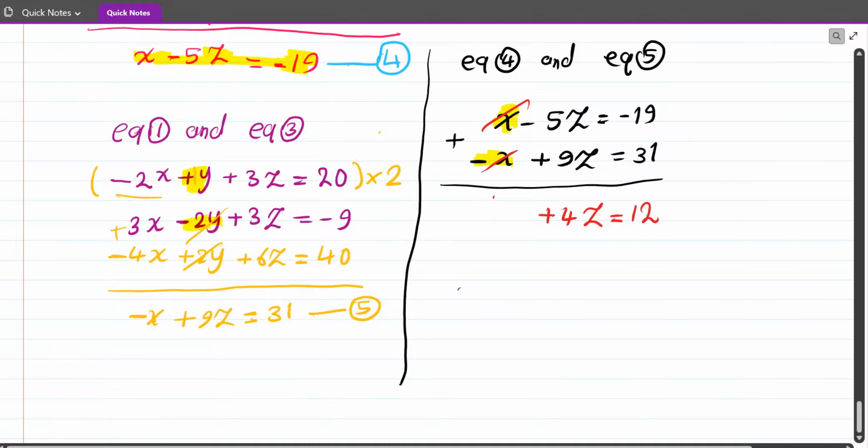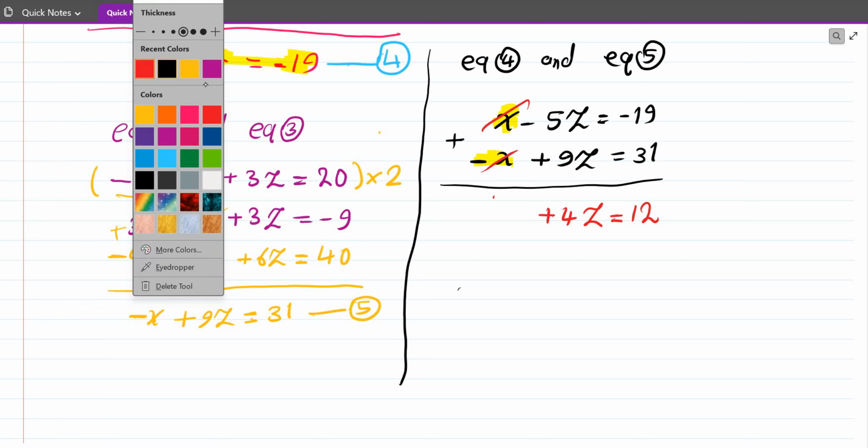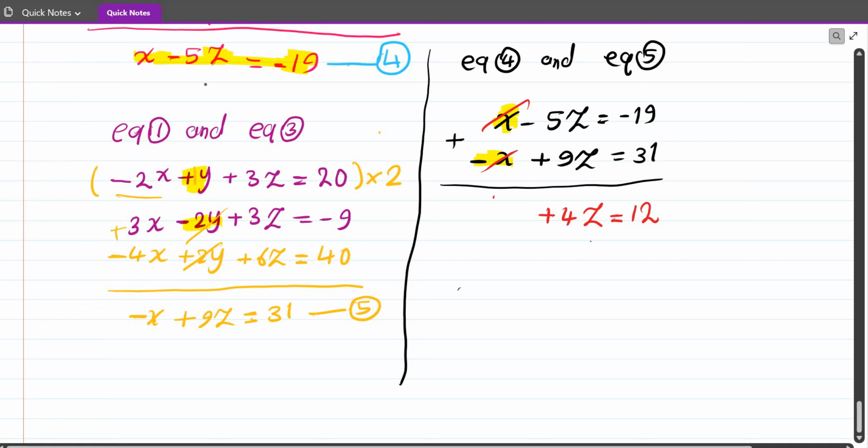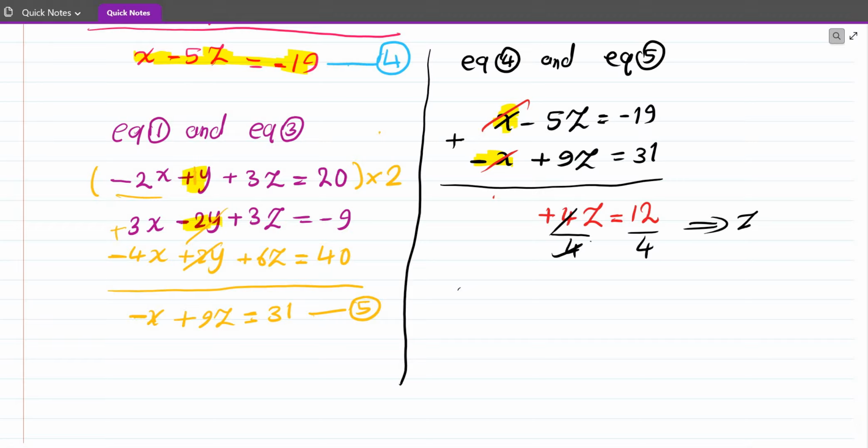All right, dear students. Now, how to calculate the value of z? By dividing both sides by 4. So this 4 cancels. Z equals 12 divided by 4 equals 3. So I found the value of z only. So I need to find the value of y and x.